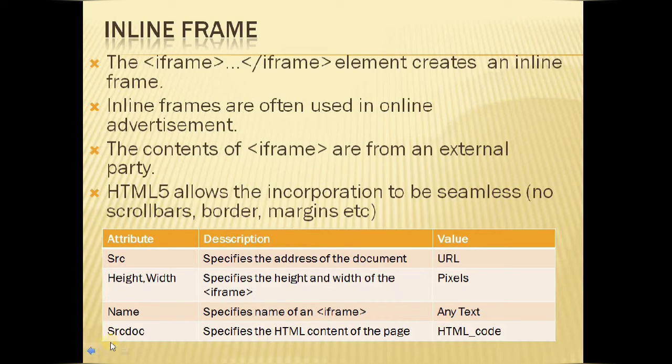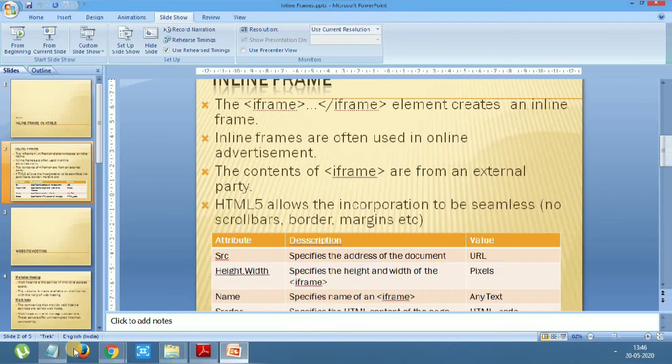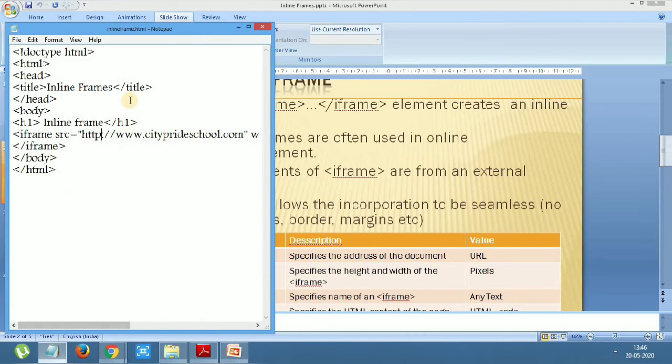The last attribute is SRC doc. SRC doc basically takes HTML code. You can write HTML code in SRC doc, and whatever code you write over there will be displayed in the frame. Before we go further, let's go through one example related to this.